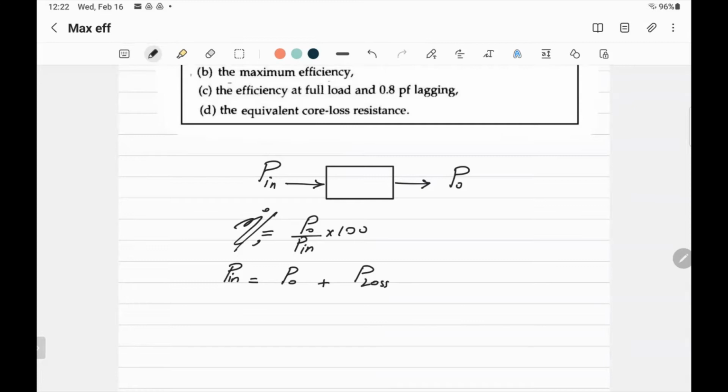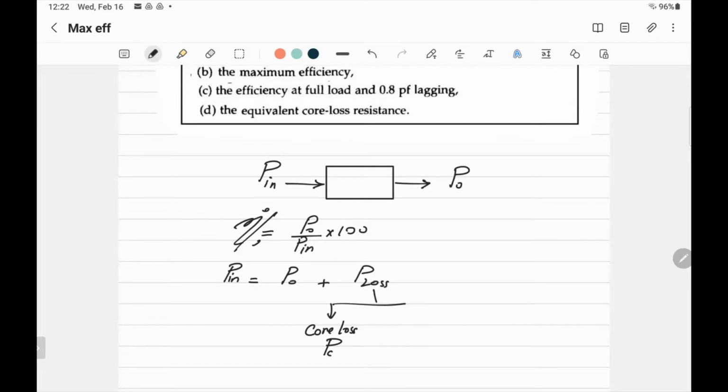What are the losses in a transformer? Two losses. One is called core loss, and we call it PC.